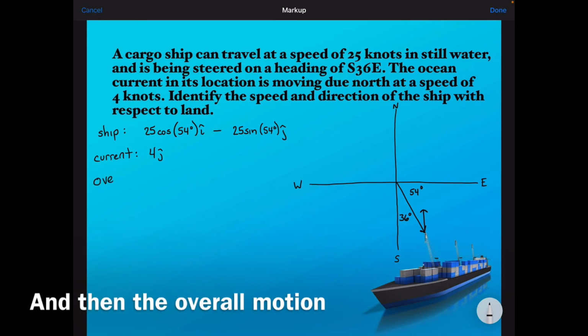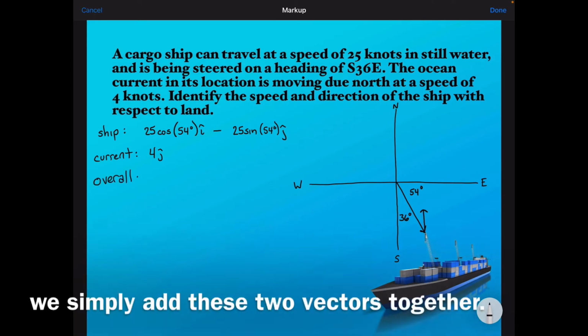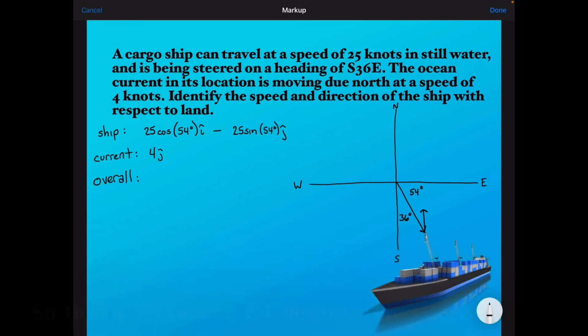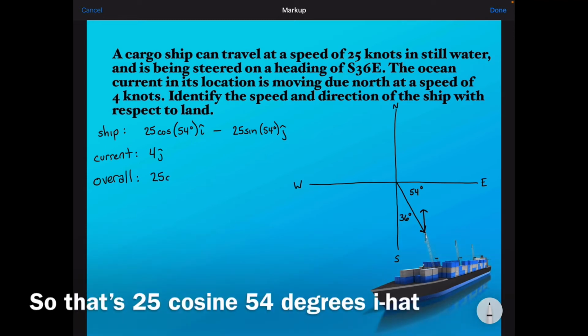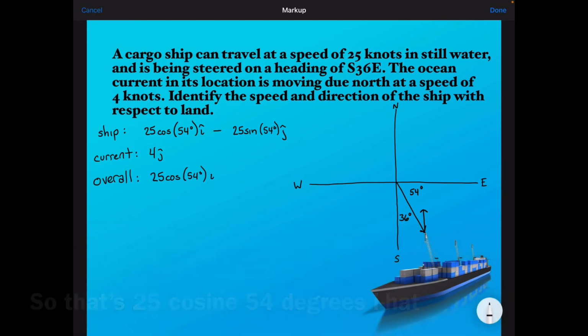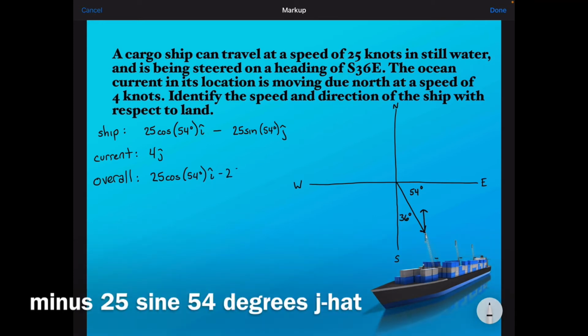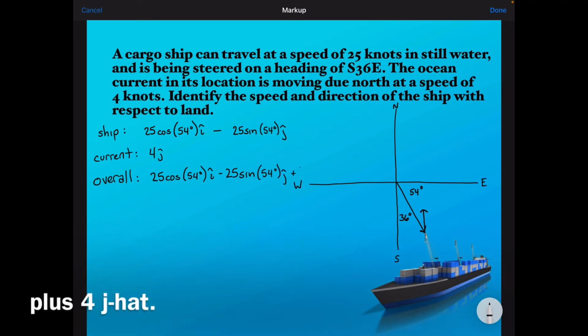And then for the overall motion, we simply add these two vectors together. So that's 25 cosine 54 degrees i hat minus 25 sine 54 degrees j hat plus 4 j hat.